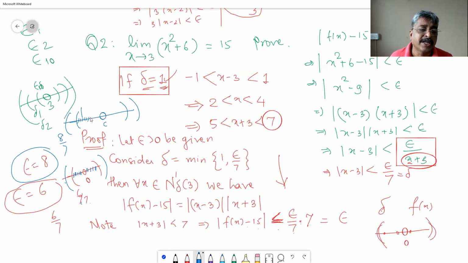So we should consider these values of x because they will satisfy delta 1 and also 8 by 7. So depending upon the epsilon which is given to you, either you should choose 1 or you should choose epsilon by 7.